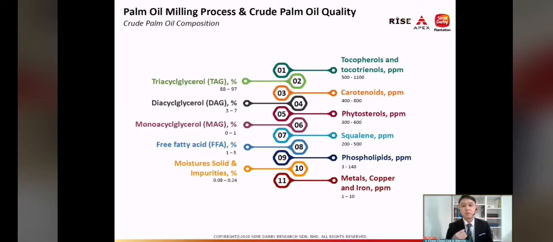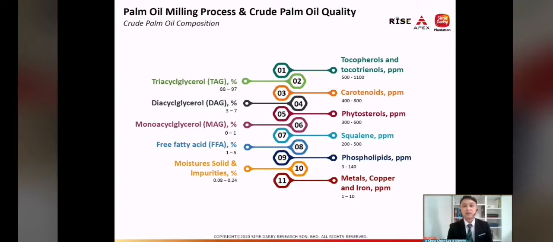To illustrate further what is inside crude palm oil, this slide shows that the main composition of crude palm oil is triacylglycerols, with a slight amount of DAGs, MAGs, FFA, and some solids and impurities.